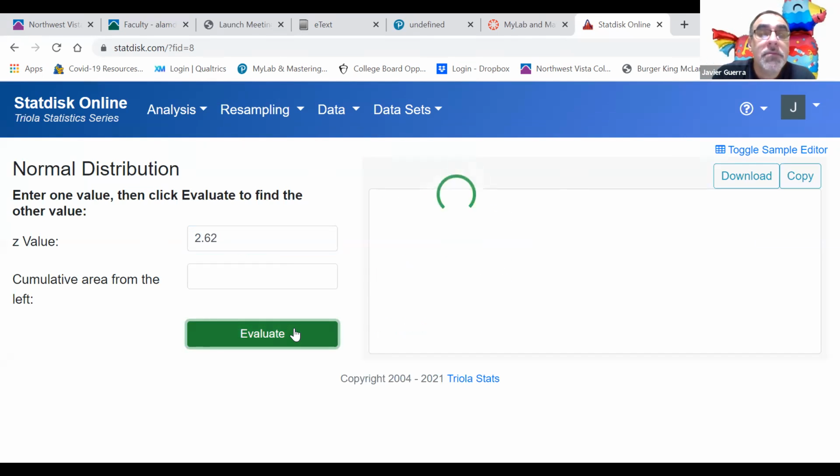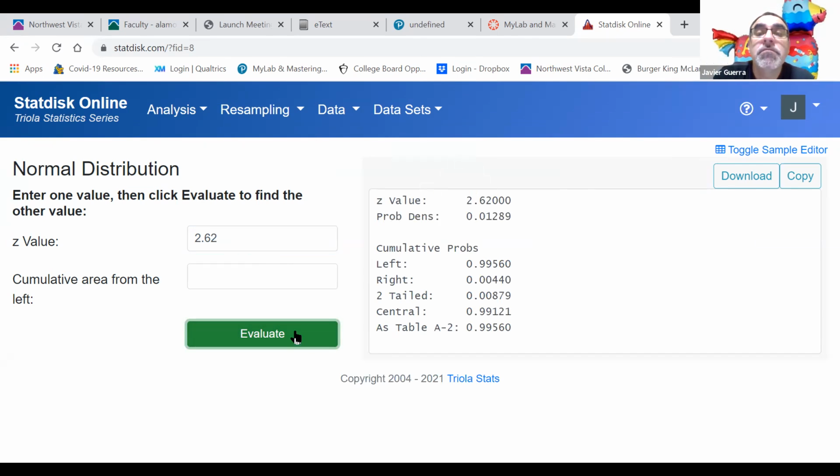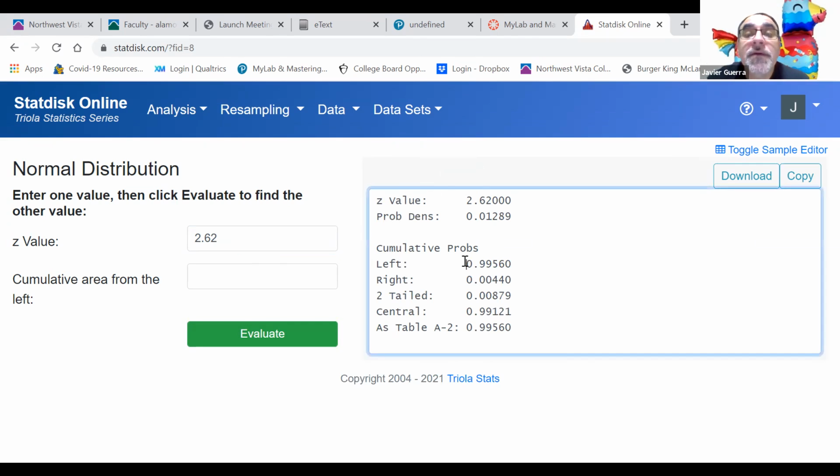Make sure I hit evaluate. All right, remember Beyonce's song, to the left, to the left. There's my left. 0.9956 is the left area for 2.62. Okay, so we got that one.